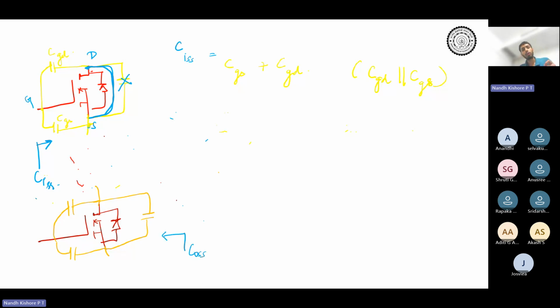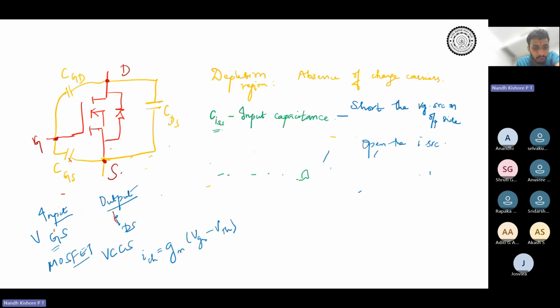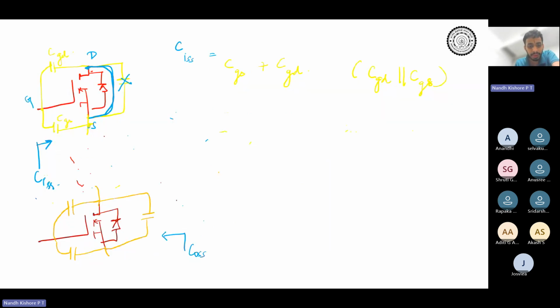If I have to find it, what will I do first? I will short the input side. As I was telling, input is gate to source, output is drain to source, so the output side is the drain-to-source capacitance, or COSS. To find COSS, I will short gate and source. If I short gate to source, gate and source are now the same point.